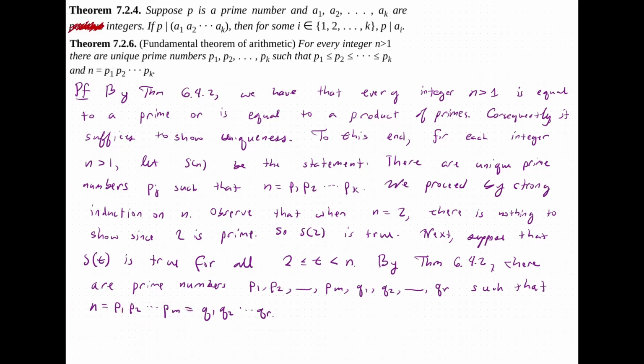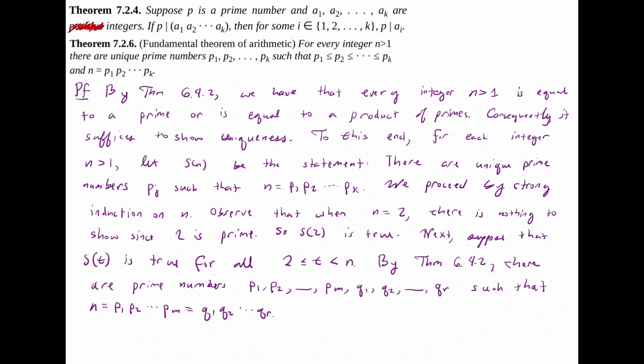So in other words, P1 occurs in this list somewhere. It could be equal to Q1, but it could also be equal to, say, Q sub 5. The main thing is we want to show that they are all unique. And so P1 is equal to one of these, P2 is equal to one of these, and so on and so forth. But here's where Theorem 7.2.4 comes in. By Theorem 7.2.4, we have that if P divides a product of numbers a1, a2 through a sub k, then P must divide one of those.